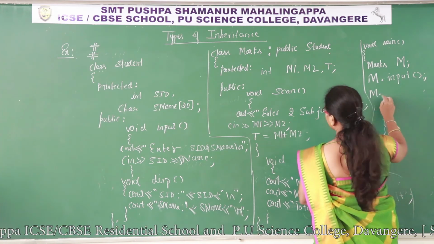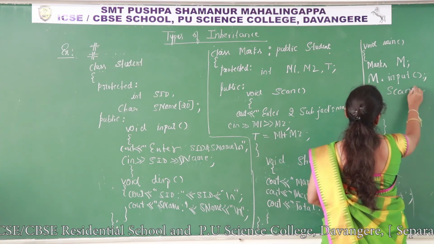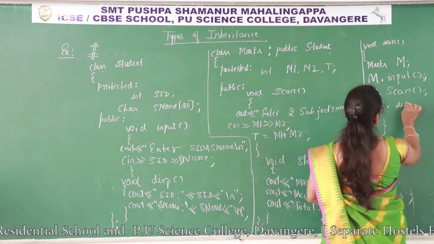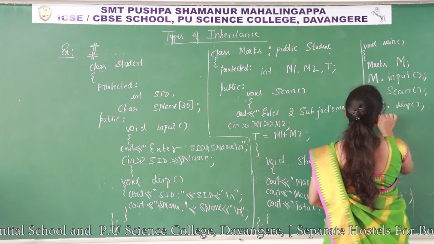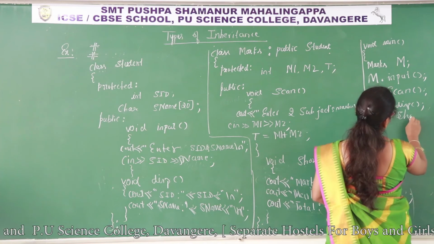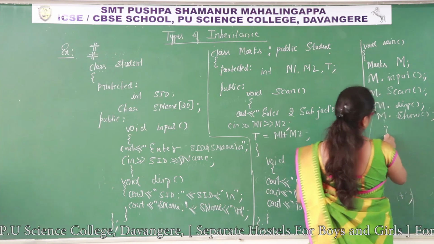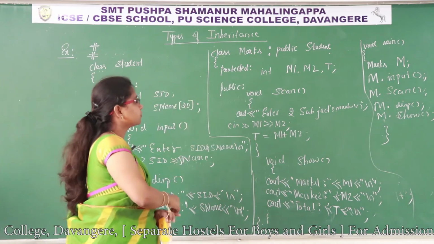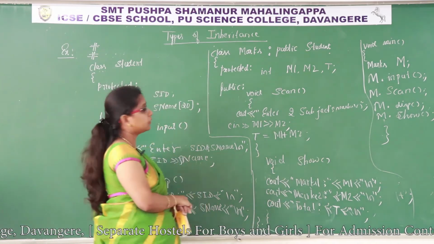Yum dot input, yum dot scan, yum dot disp, yum dot show. Understood? So this is about single level inheritance.